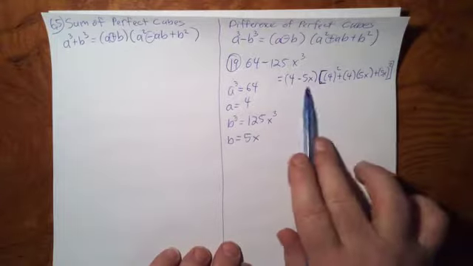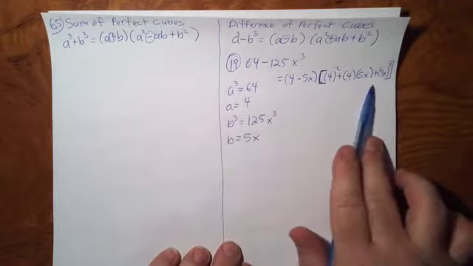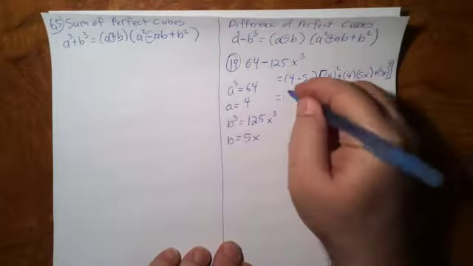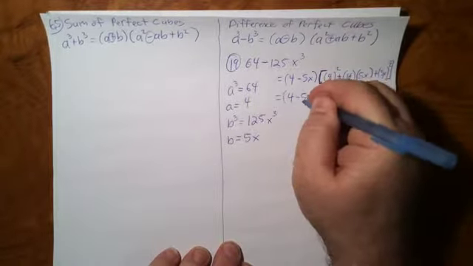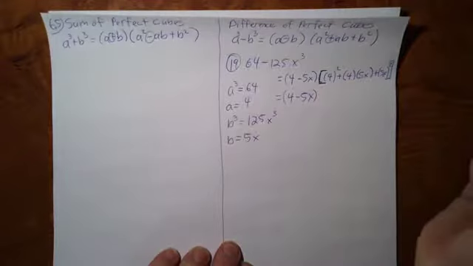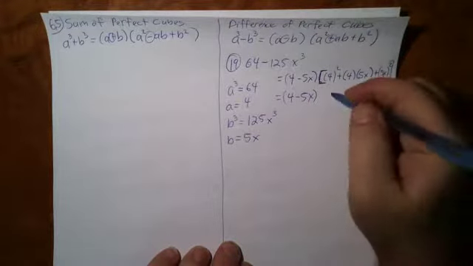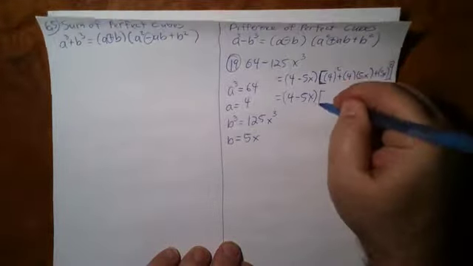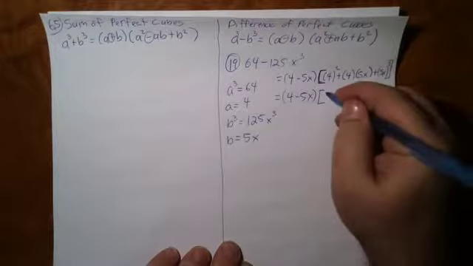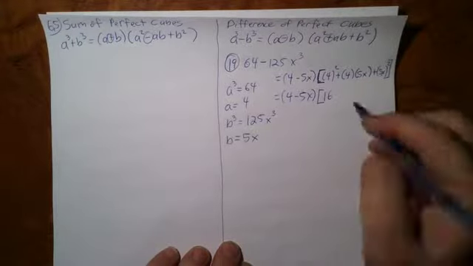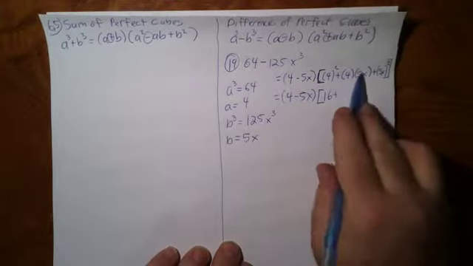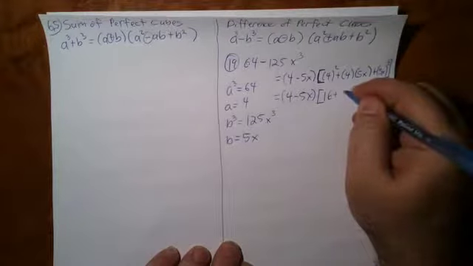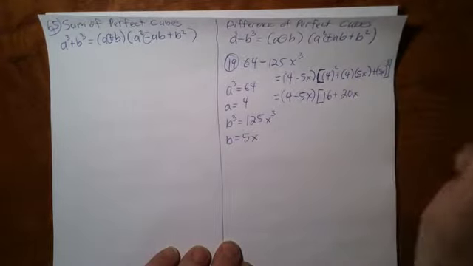So let's take a look at how this part in particular simplifies. We will retain the 4 minus 5x. Not necessary to rewrite that in any other way. However, at this point here, we have 4 squared. That will be 16. Plus 4 times 5x, that's going to be 20x.